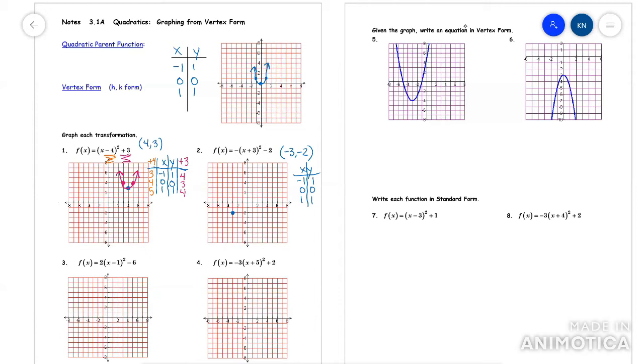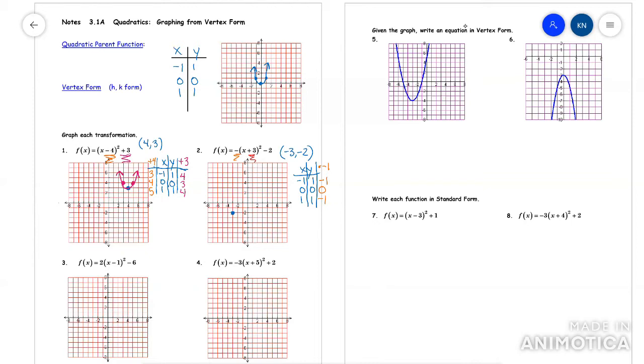All right, when you apply these transformations, it needs to go in kind of like a left to right order. So the first one here would be this negative. It's outside, so it's going to be affecting my y values, and it's just a times -1. It's just a reflection. So this first negative is a times -1 on my y values. Okay, the next one would be this +3.